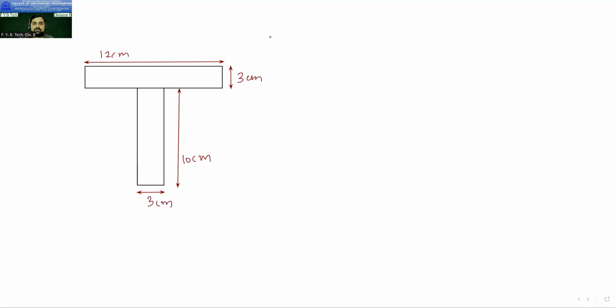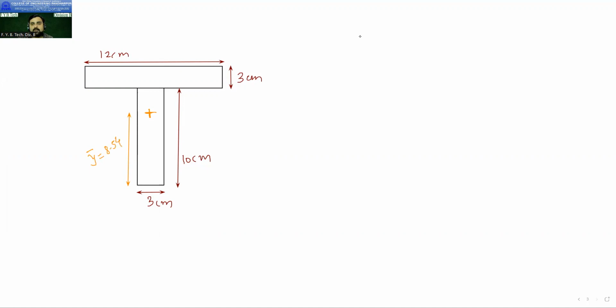Okay. So the centroid will be, this is 10. So 8.54 means the centroid may be somewhere here. This distance is your y bar. Because your reference axis is at the bottom, your y bar is from the bottom. So this is your y bar, which is 8.54.